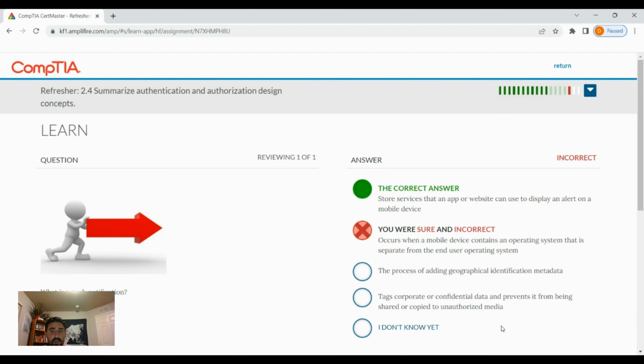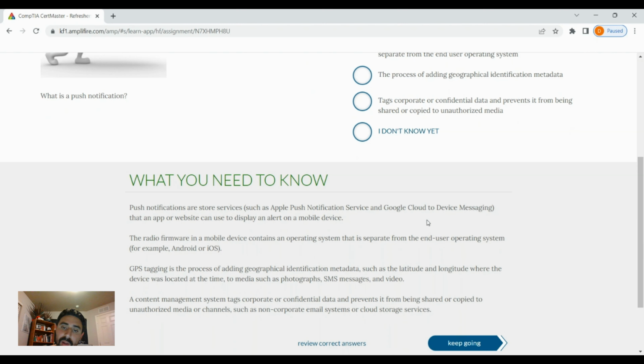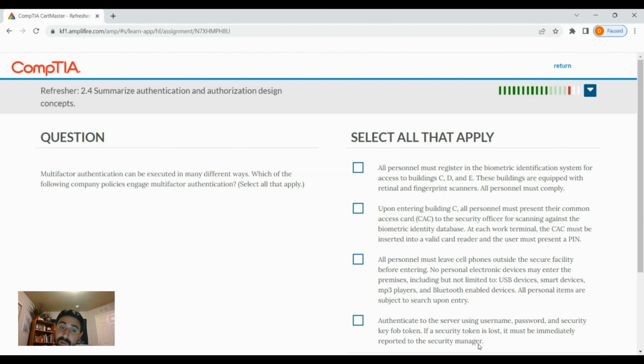I guess store services that an app or website can use to display an alert on a mobile device. Okay. I feel like I should have known that. That's fine. That's the learning. No worries.